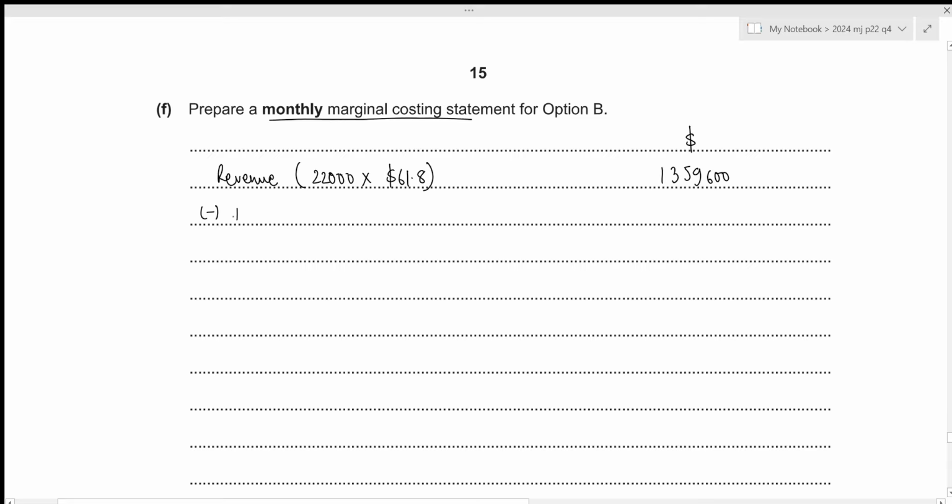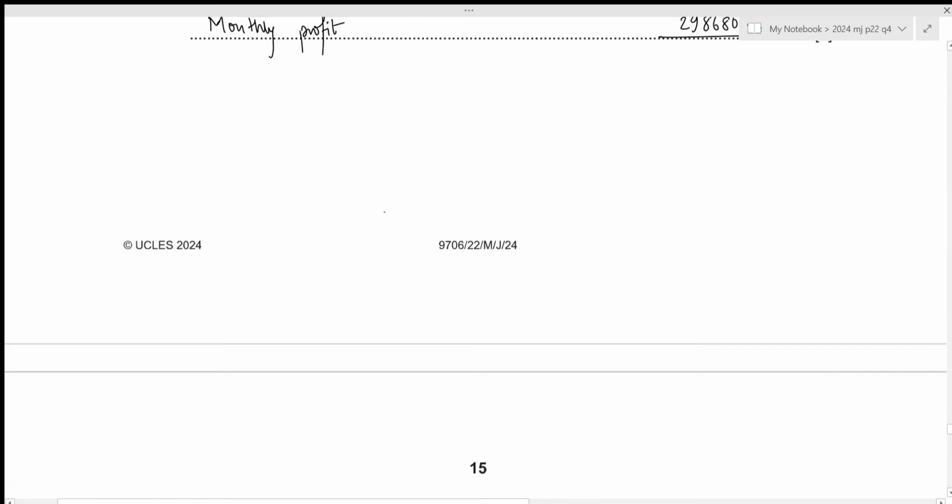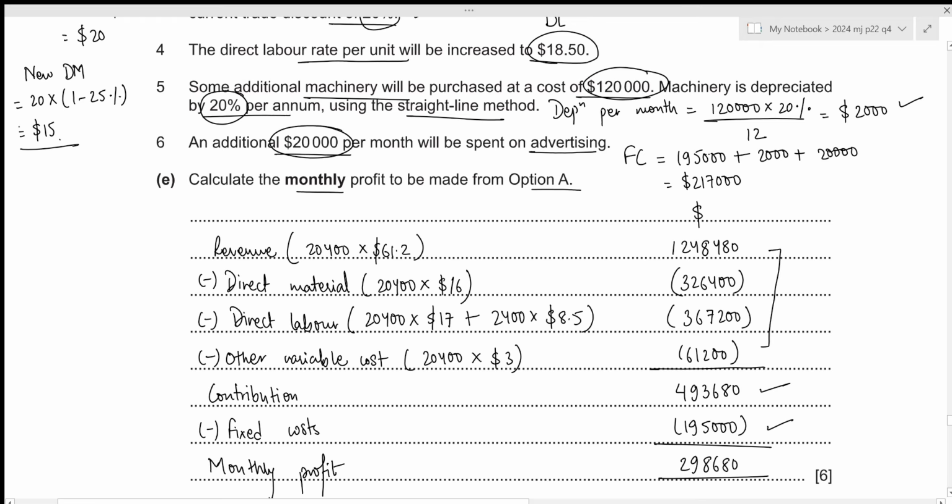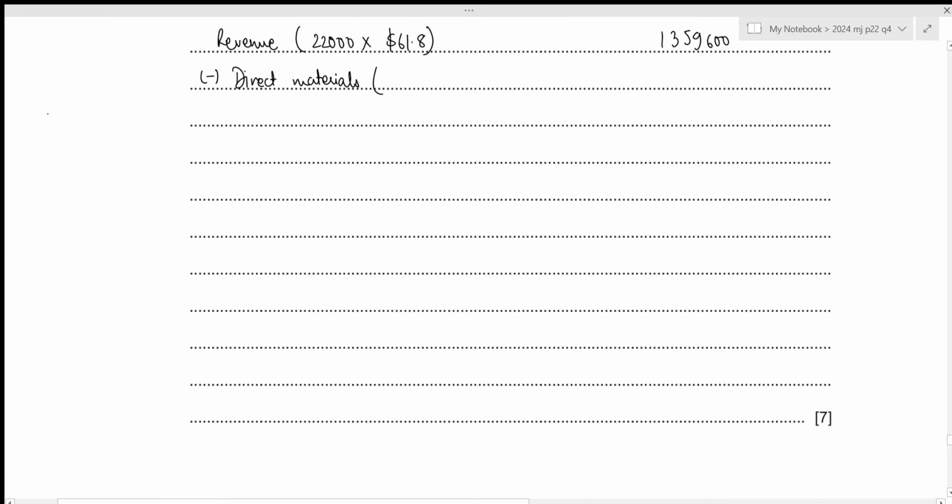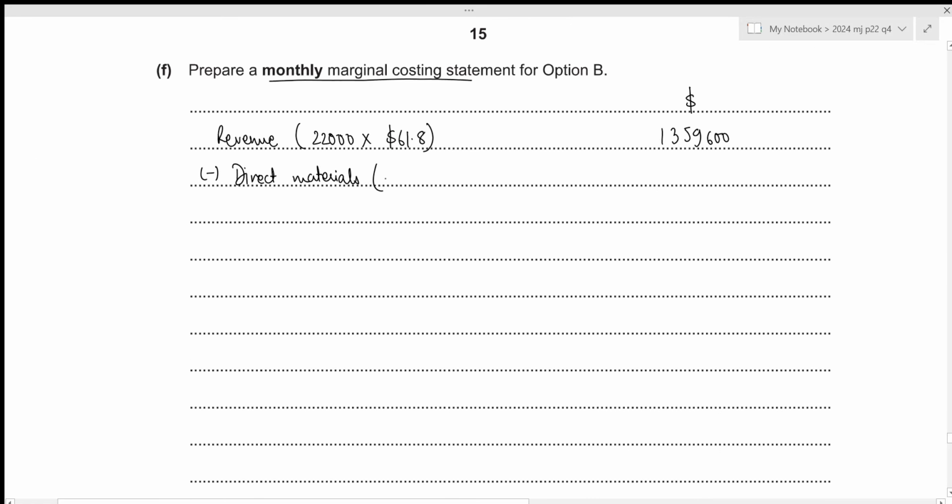Then we will subtract the direct material. For direct materials, we calculated the new price to be 15 per unit. And we have a total of 22,000 units. So 22,000 times 15, which results in the value of 330,000. Then we can subtract the direct labor.